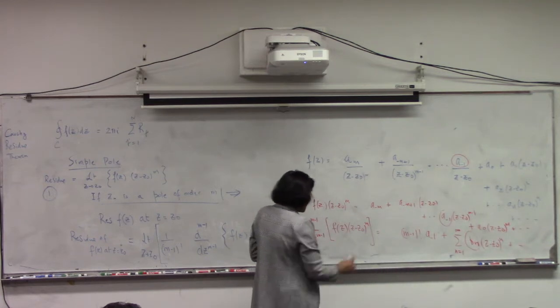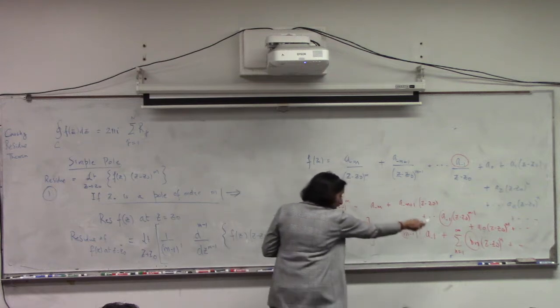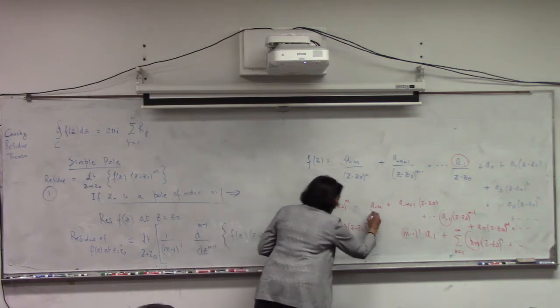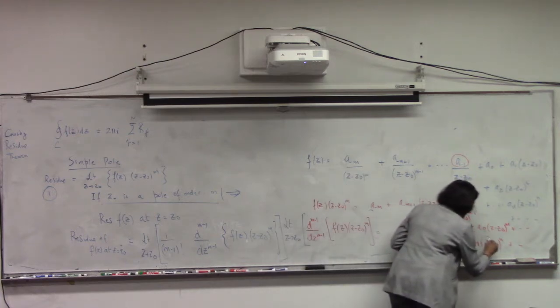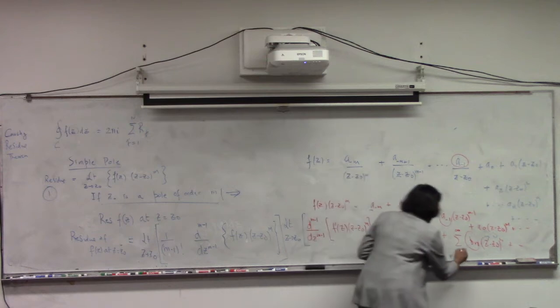Now this still doesn't help, right? I have to get rid of those other terms, so I put the limit z going to z naught. When I do that, the analytic part of it after the (n minus 1) derivative will drop off.